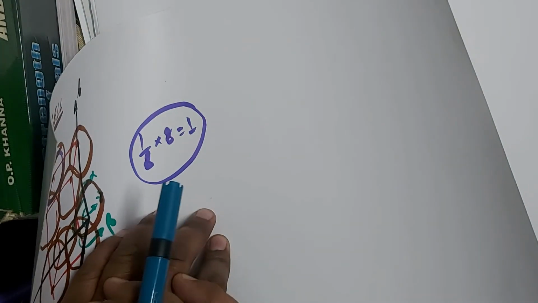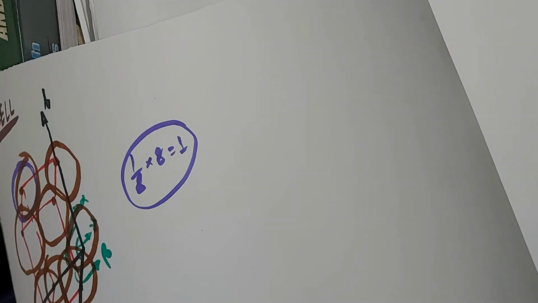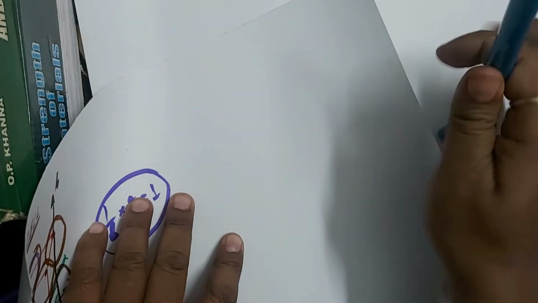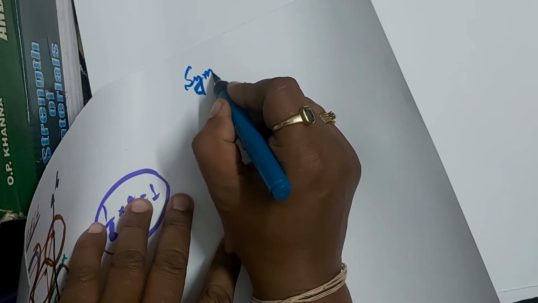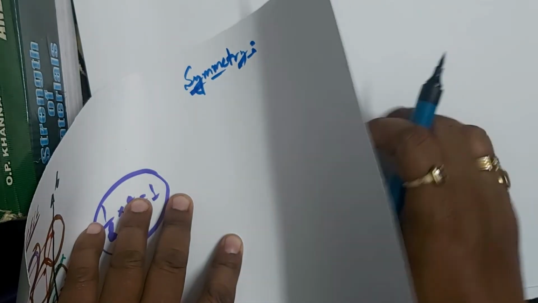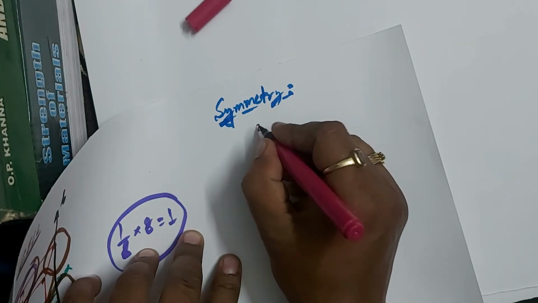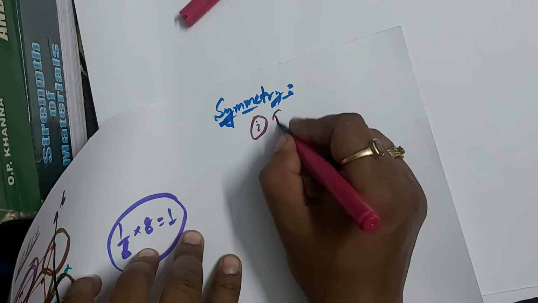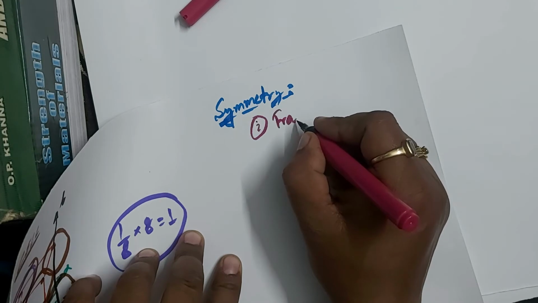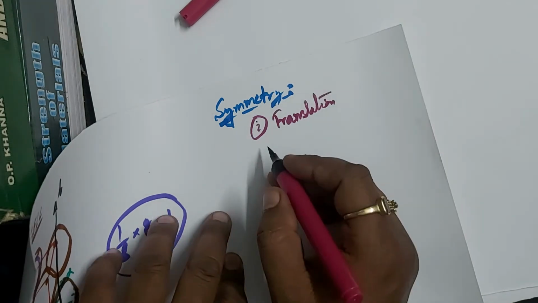In the last lecture, I discussed rotational symmetry and translation symmetry. These all are different types of symmetries. One is translation symmetry, which I have discussed with a suitable diagram.